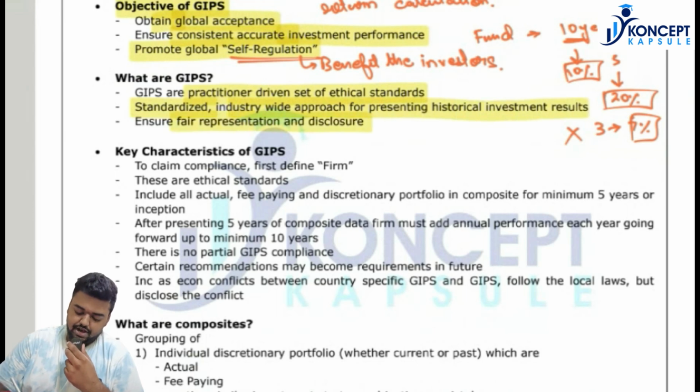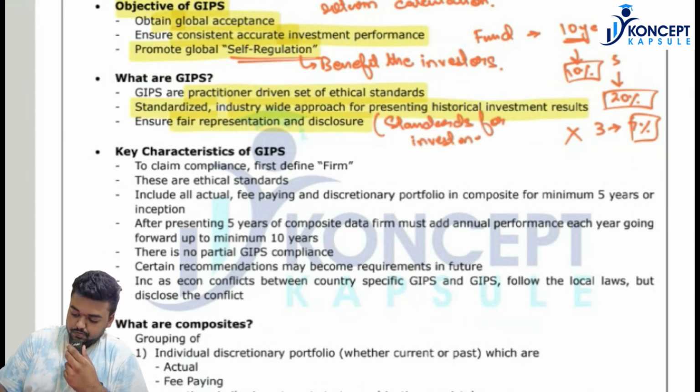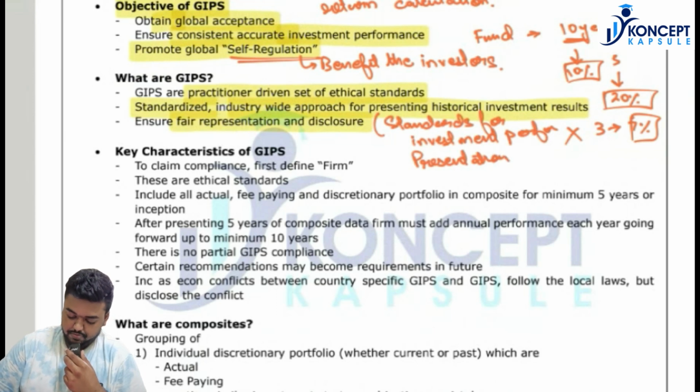So, in short, if I have to say, GIPS are standards for investment performance presentation, standards of investment performance presentation to ensure fairness and accuracy. Correct.